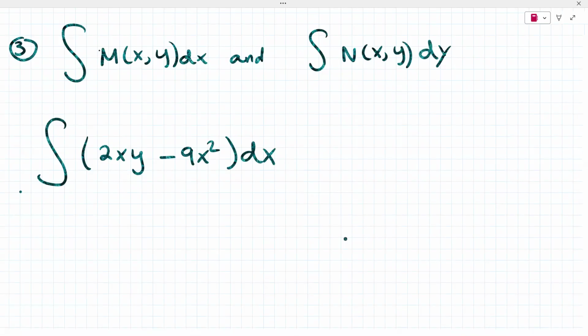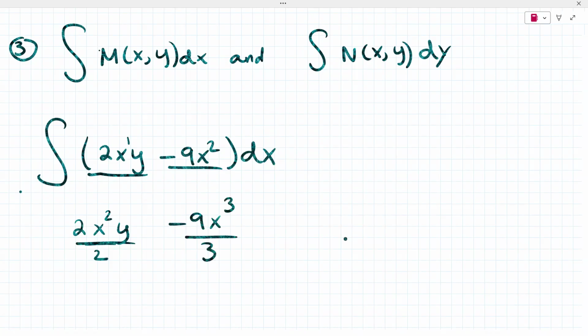We're taking not the derivative, but the integral with respect to x. This has an x, with a power of 1, so take your integration rule, so that'd be 2x, and then 1 plus 1 is 2 over 2, and then you still have this y, bring it down. The integration of 9x squared with respect to x would be minus 9x, 2 plus 1 is 3 over 3.